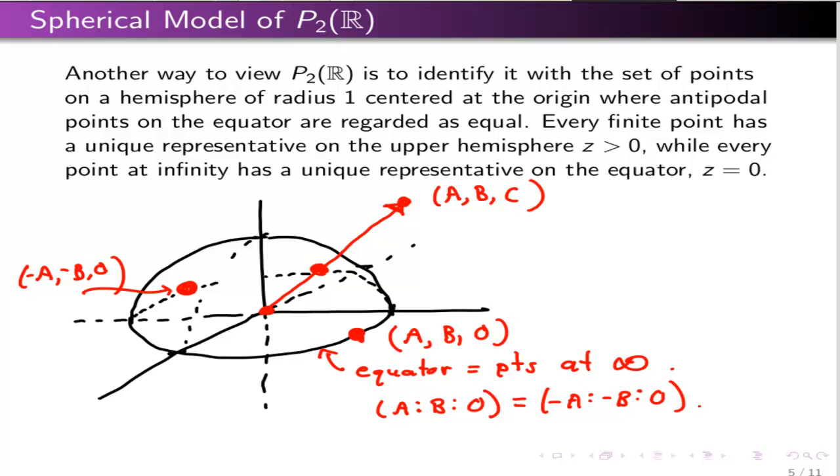They're just scalar multiples of one another. So you think of the points at infinity as being these points on the equator right here.